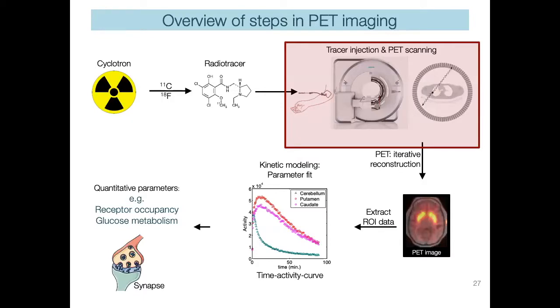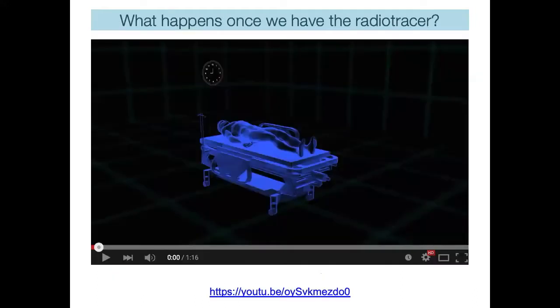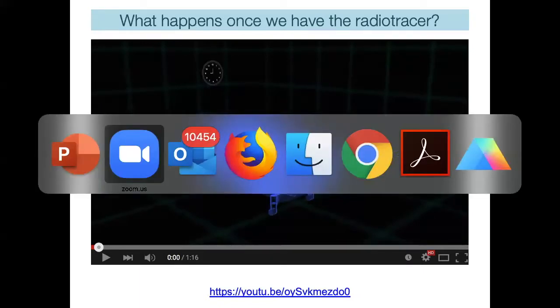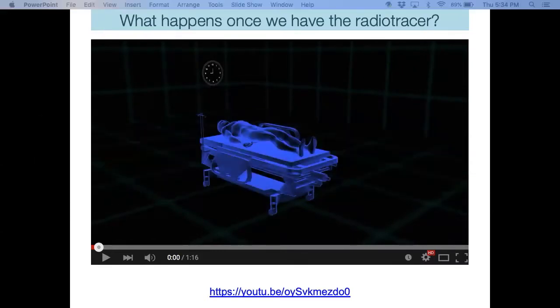So now we move on to tracer injection and PET scanning. With that, I'm going to switch to a brief video that summarizes what we've looked at so far. It'll give you a little overview of what happens with the radiotracer.